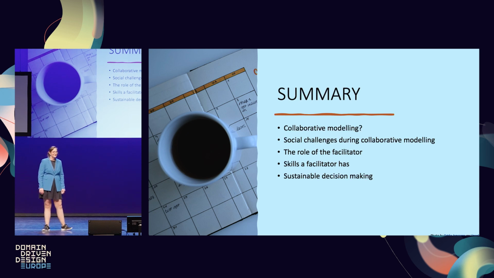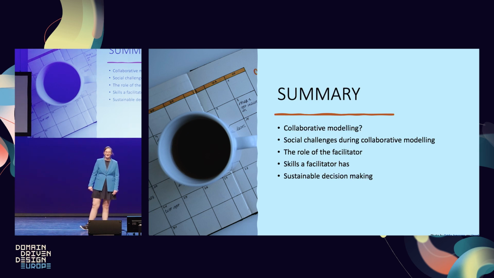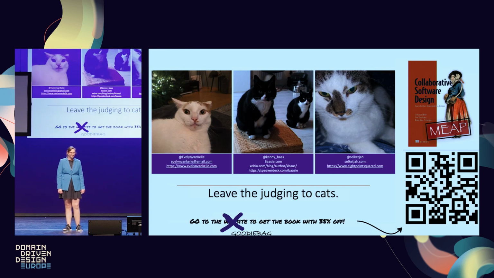But they're also great to look into. And I said that a facilitator can help you with all of that. And you need certain skills to do that. But in the end, you can learn those skills. So you can manage all those social aspects of a socio-technical system. And we do that because we want sustainable decision-making.